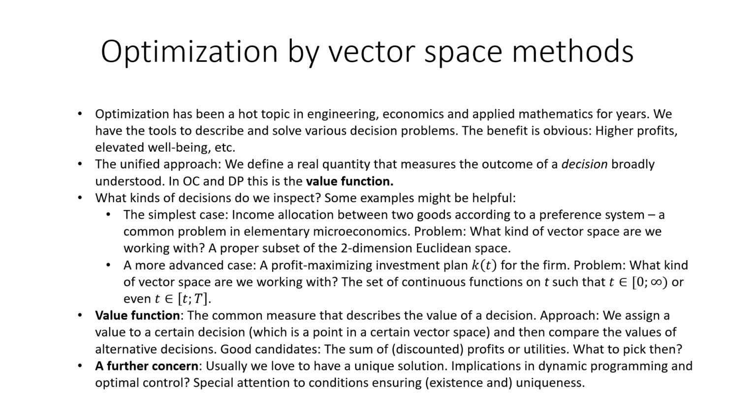In the second example, the example of the firm, we do the same. We define the value function, which in this case is the discounted sum of future profits. Future profit is dependent on the investment plan of the firm, because this path for the capital stock is the variable that determines the profit.